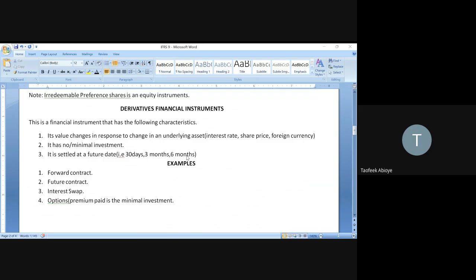Then the dealer will say, no problem, let's enter into a contract. The dealer will say, okay, per $1, can you give me 100 naira? So for that $2,000, can you pay me 200,000 for that forward contract? That contract is different from the dollar that you want to buy from his hand.